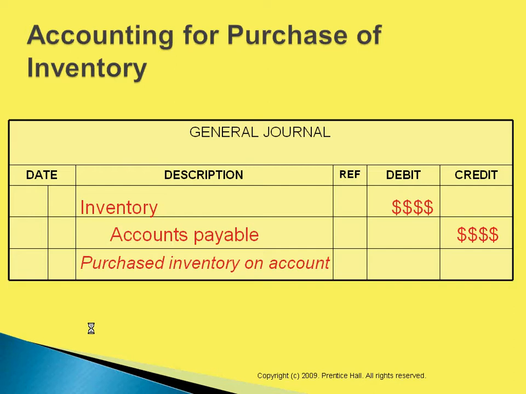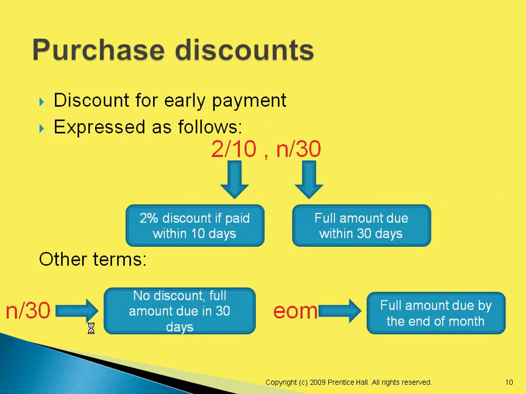That leads us to another area of discussion in this first objective: purchase discounts. A purchase discount is a deduction from the invoice price granted if the buyer, meaning us, pays early. Okay, so the terms on the invoice will say something like slide 7 shows. It might have terms that say 2/10 net 30.